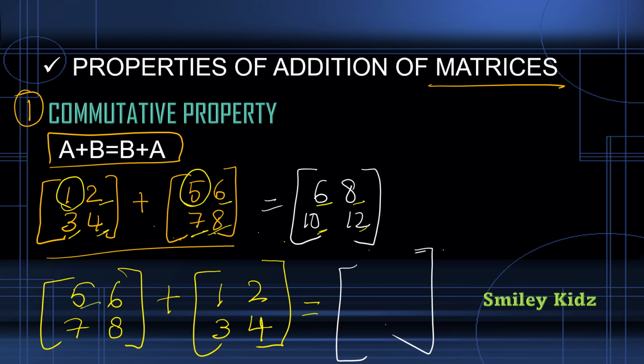So here we have 5 plus 1 which is 6, 6 plus 2 which is 8, 7 plus 3 which is 10 and 8 plus 4 which is 12. Now if you look at the result, they are same. That means they are equal. Even if you change the order of the digits, they are equal. So this is the commutative property of addition of matrices.